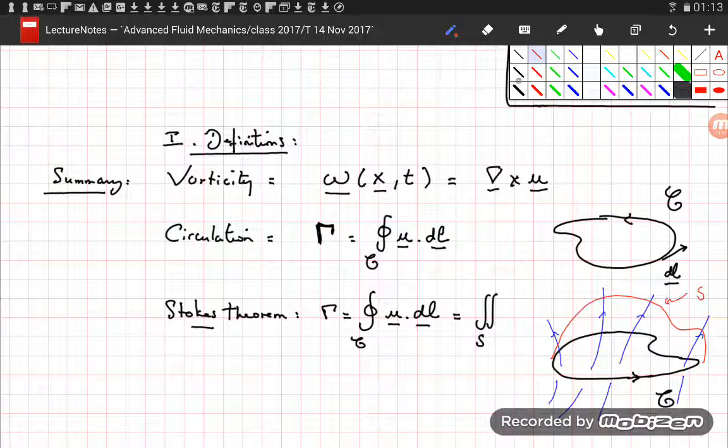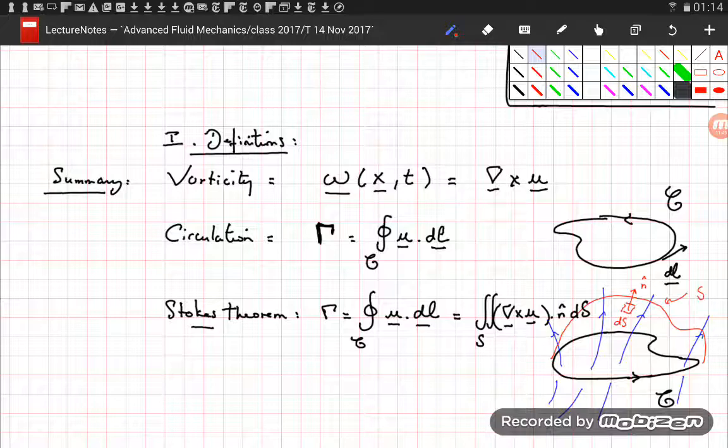And so the Stokes theorem, which again is just a mathematical expression, tells you that the line integral of u dot dl is equal to the flux of the curl of u, so the flux of the vorticity, coming out of my surface. So it is the double integral over the surface S of the curl of u dotted with the normal vector n. The normal vector n is of course just defined at the surface. So if here I have a small piece dS of surface, n is the unit vector pointing normal to the surface.